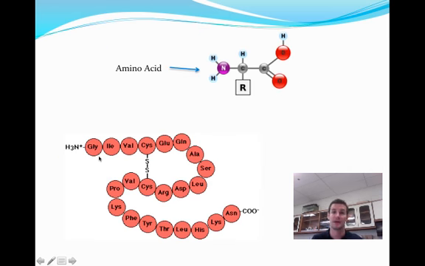And so here's the actual shape of the amino acid. It's kind of hard to draw, but you can see that all the elements there, hydrogen, nitrogen, carbon, and oxygen are present. R, don't worry about R, that's just what's the difference between the 20 amino acids. And then below there you can see what a protein would look like, a bunch of amino acids connected together.